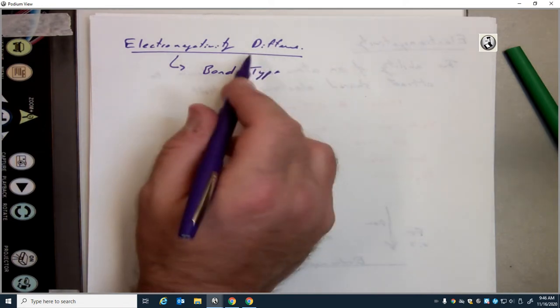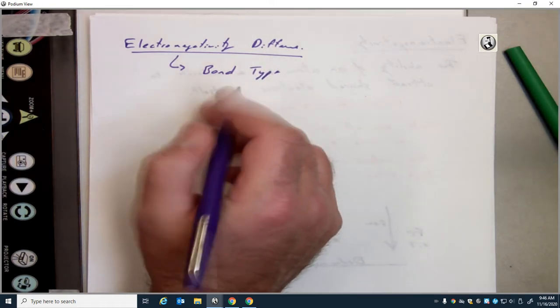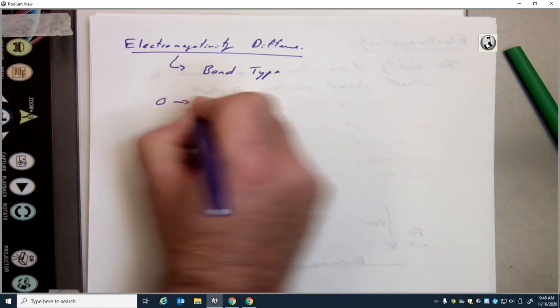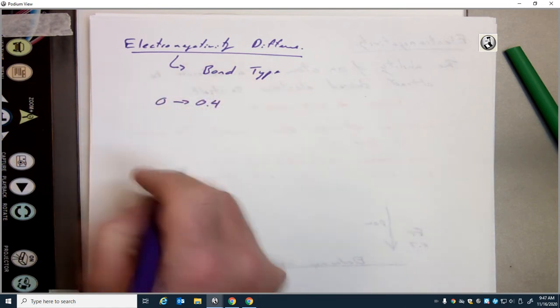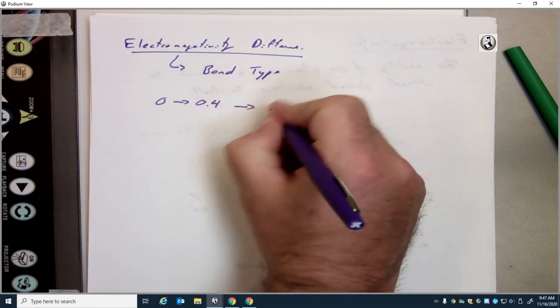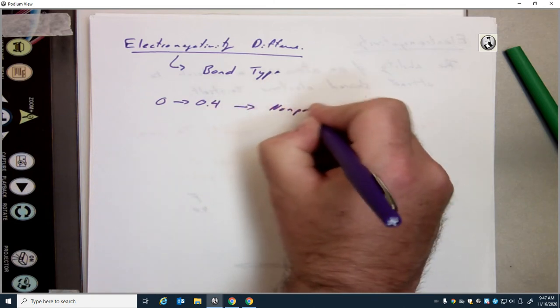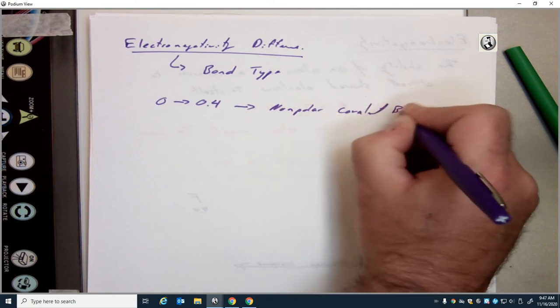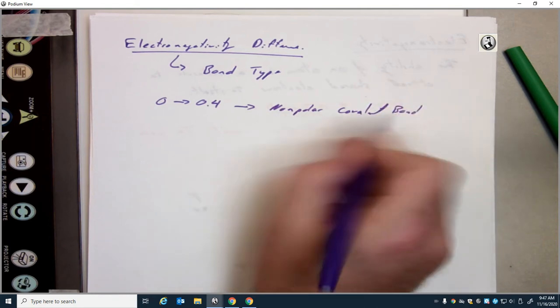So if we take the difference of the two atoms' electronegativities, if it goes between 0 and 0.4, this would be a non-polar covalent bond. We're going to talk about that bond quite a bit.